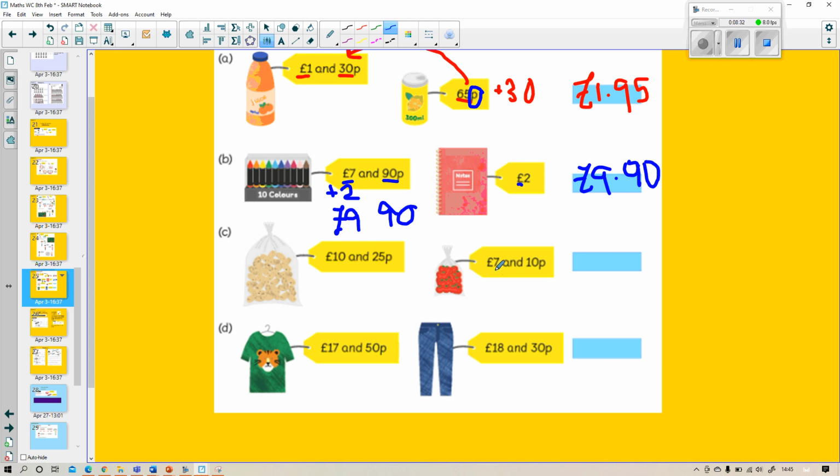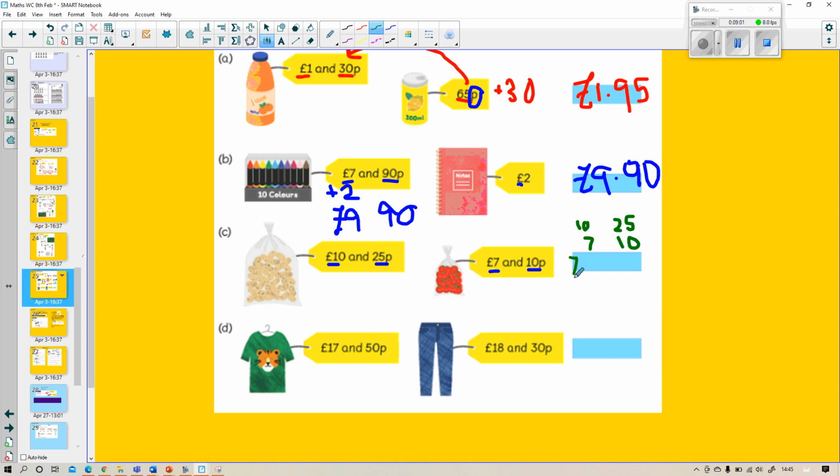Okay, question C. This one, we've got 2 lots to add. Pounds and pence for our pasta bag. Pounds and pence for our tomatoes. So to work this one out, we can write them out together. We've got £10 in our pasta and 25 pence, and we've got £7 for our tomatoes and 10 pence.